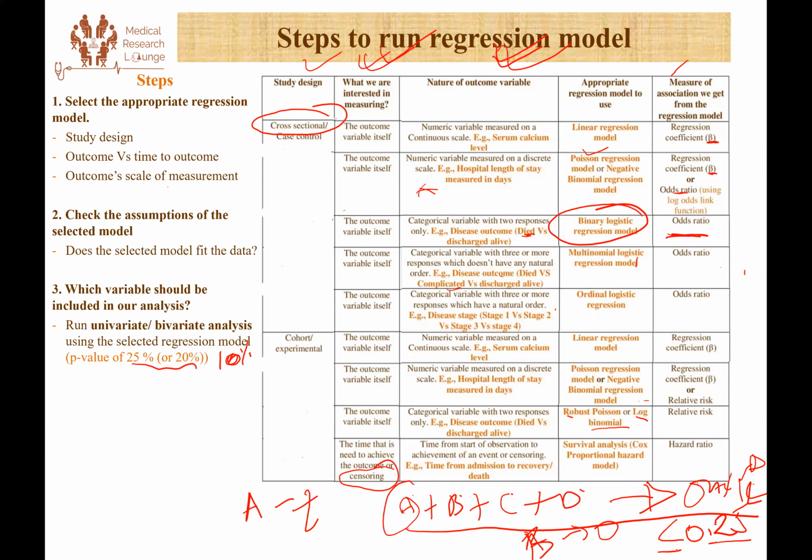If in a one-to-one relationship our variable passes these criteria, then we will consider including it in the final regression model. Sometimes relying on statistics alone is not appropriate. Let's say, for example, smoking is a causative agent for lung disease.